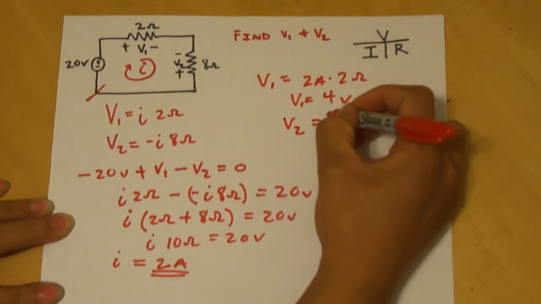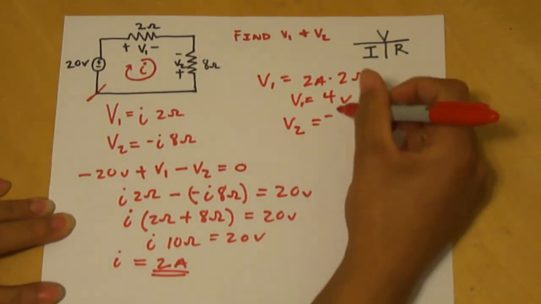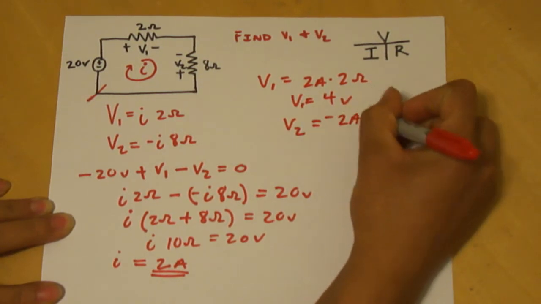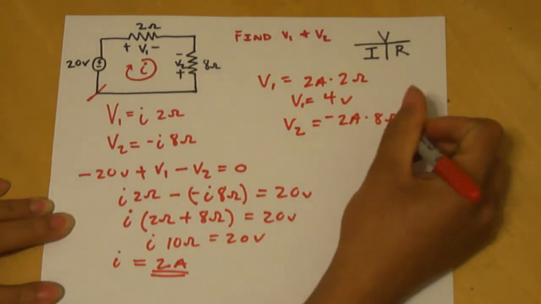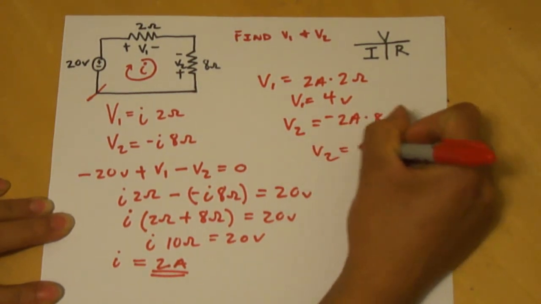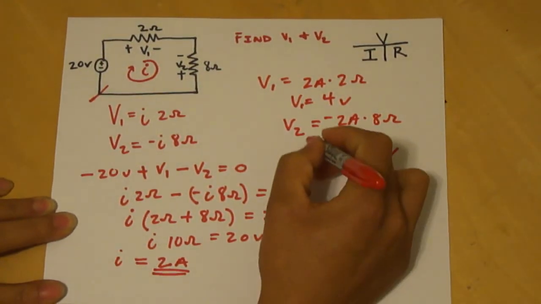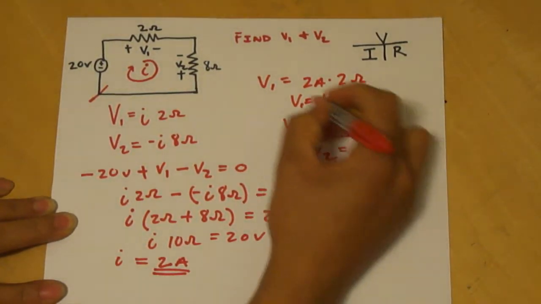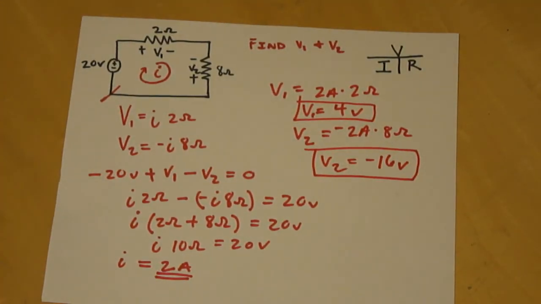V2 is equal to a negative, we keep the negative, 2 amps times 8 ohms. 2 times 8 is 16, so V2 is equal to a negative 16 volts. There you go. Kirchhoff's voltage law.